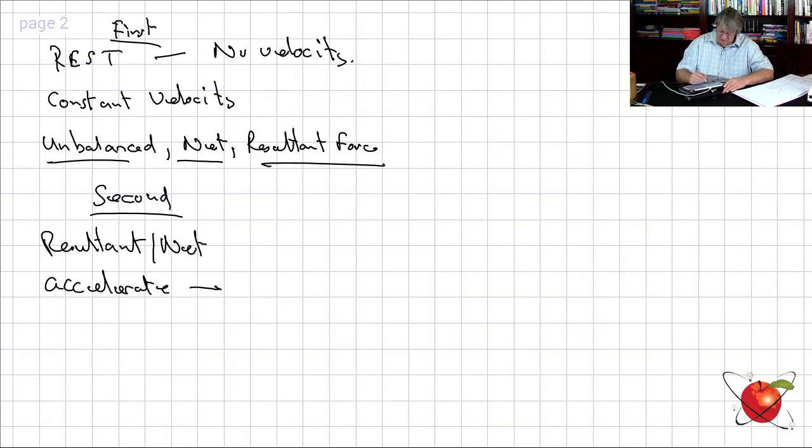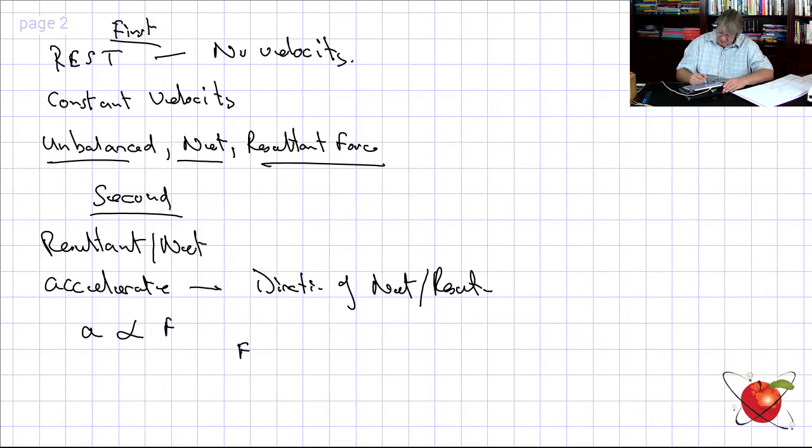Accelerate in the direction of the net or resultant. Okay, and the acceleration is directly proportional to the force. Acceleration is proportional to F, and inversely proportional to the mass, leaving us with F net equals ma.